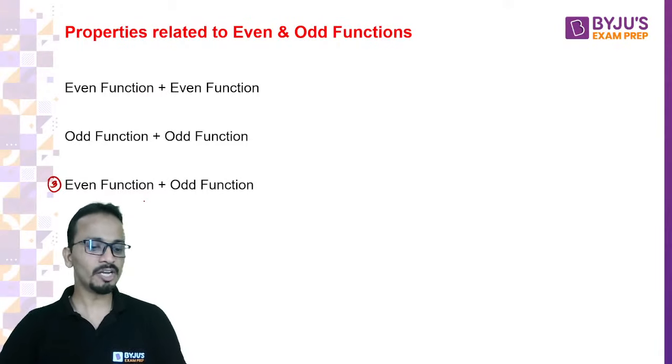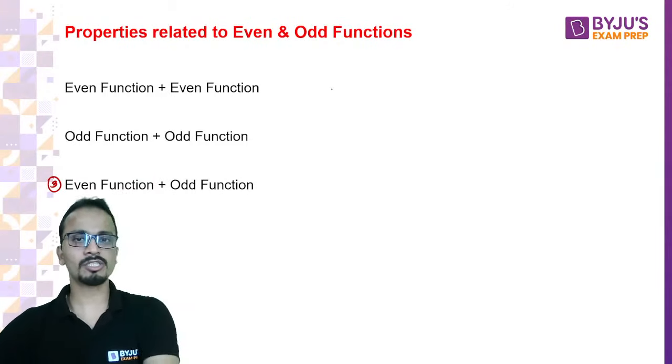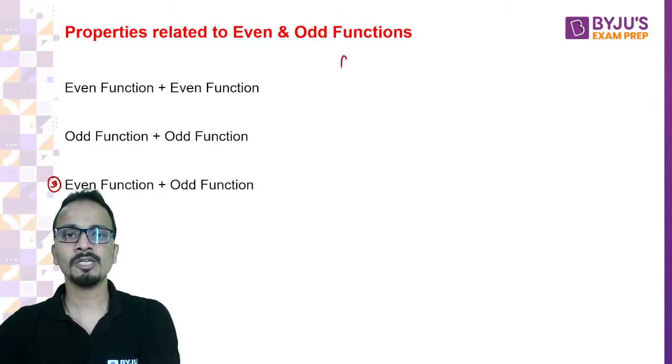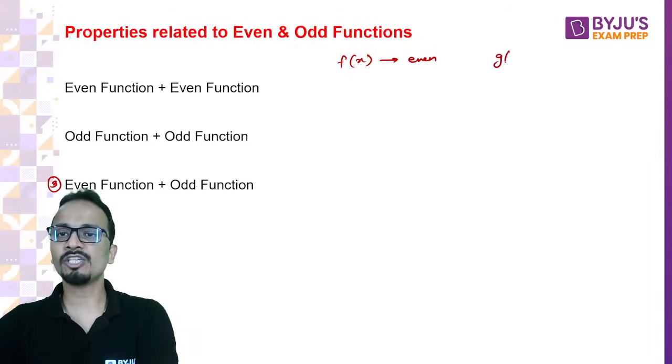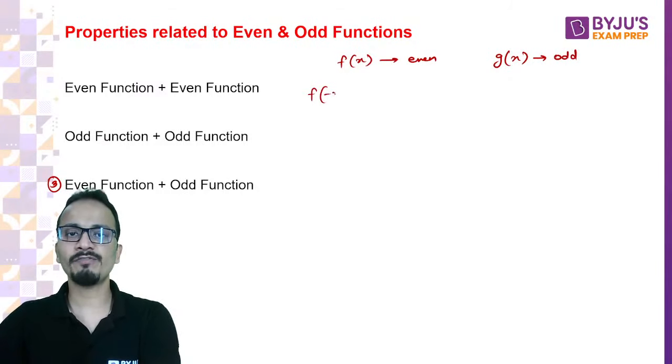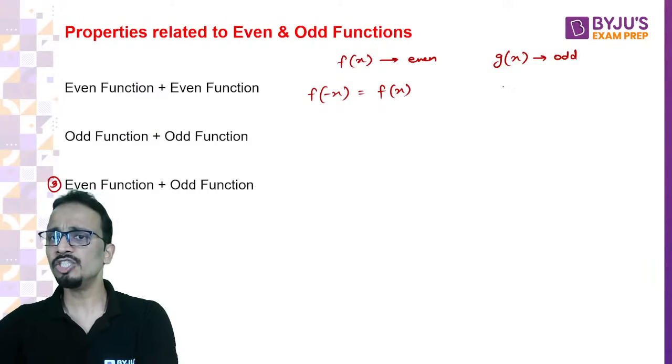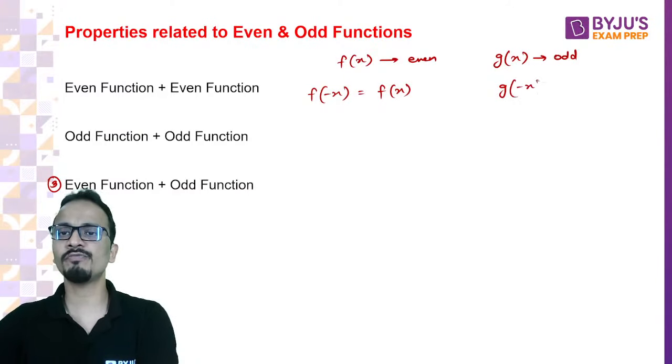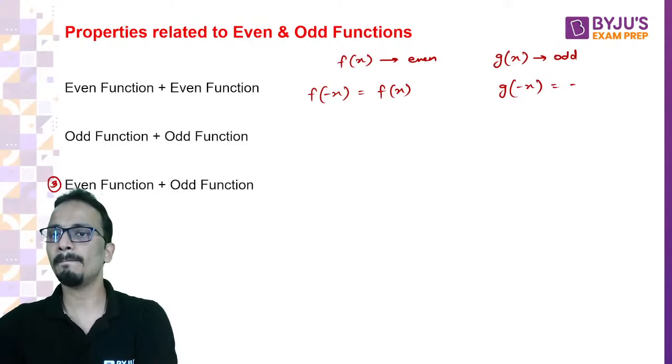Okay, so meanwhile you may write your answer in the chat box and I'll do the calculation. So again, I'm considering a function fx which is an even function and another function gx which is an odd function. Okay, since fx is even, f of minus x will be equal to f of x. Gx is an odd function, so g of minus x will be equal to minus of gx.